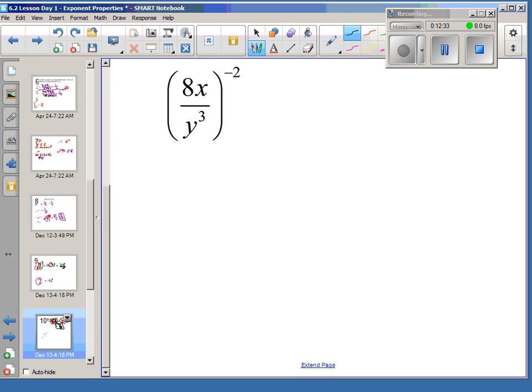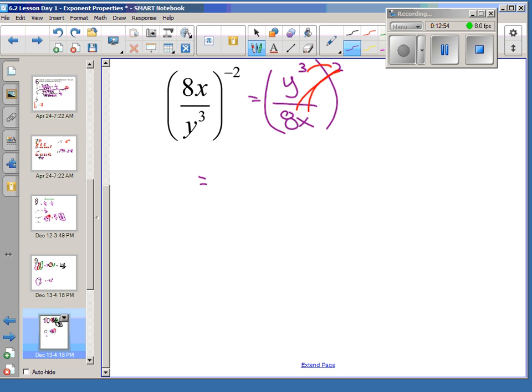The next one here, we have a negative exponent on the outside. So first, let's flip our fraction to get rid of that. So y cubed over 8x is all squared now, so we have our positive exponent. And at this point, we go ahead and distribute our squared to all of these terms.